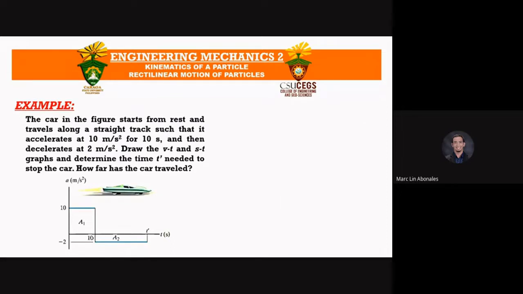And just a continuation, we will also determine the expression of the velocity for the time interval 10 to t prime. Ang t prime is mao man na ang time needed to stop the car or the final time of the car. Wala pa nato matagbaw kung unsa ang t prime, so we will later isolve na ang t prime afterwards. So the second interval is from 10 seconds to t prime.